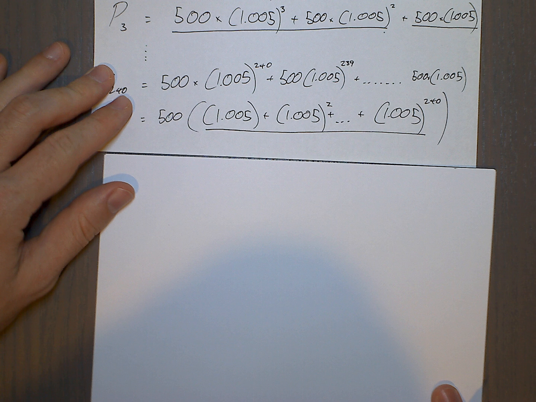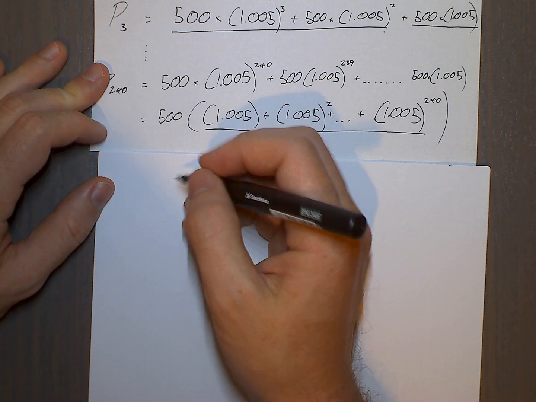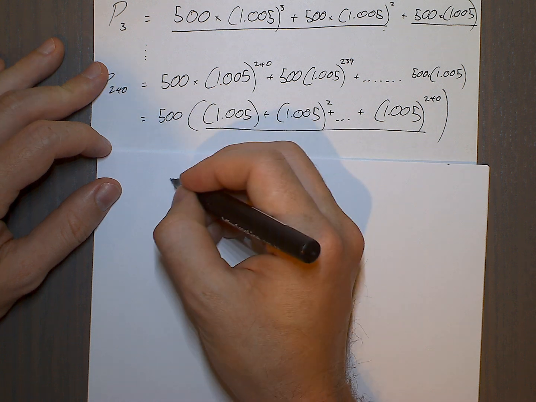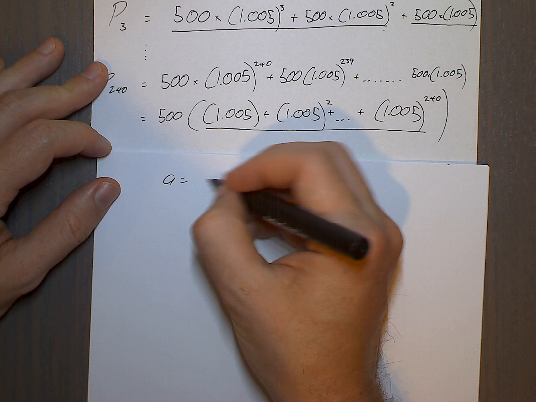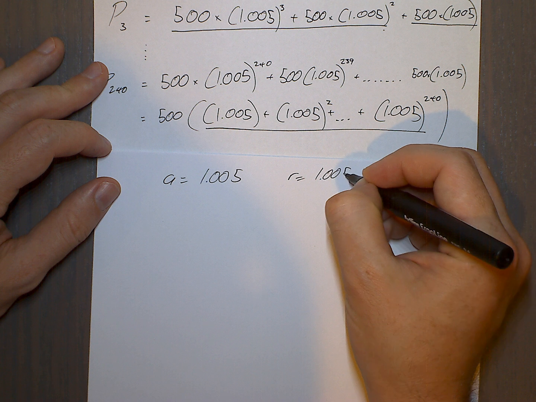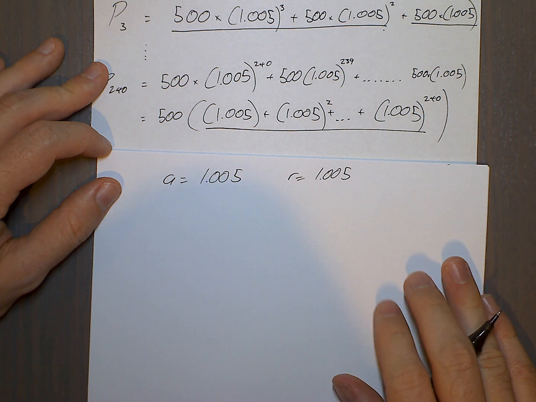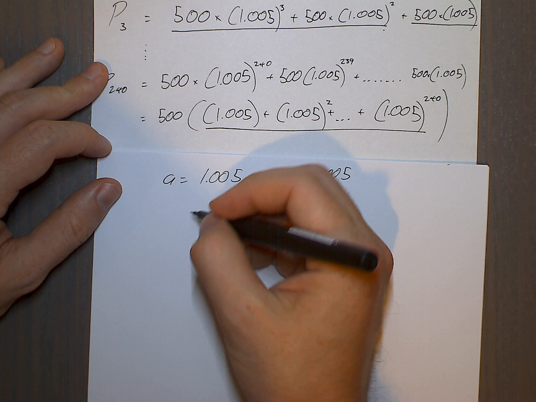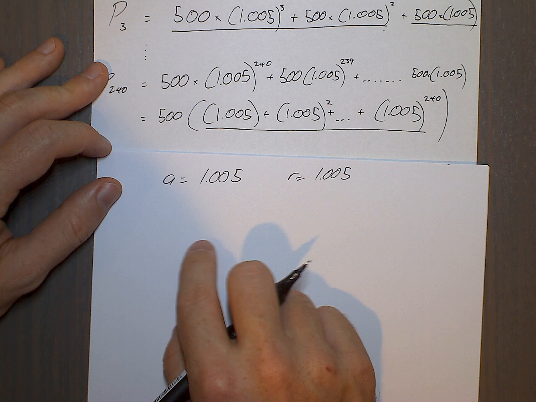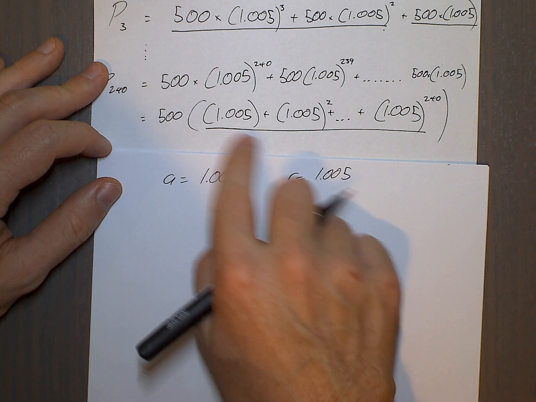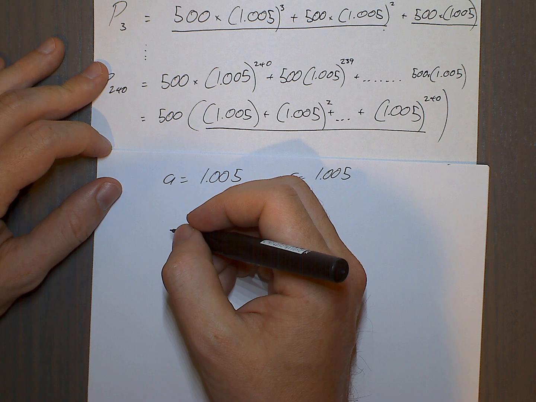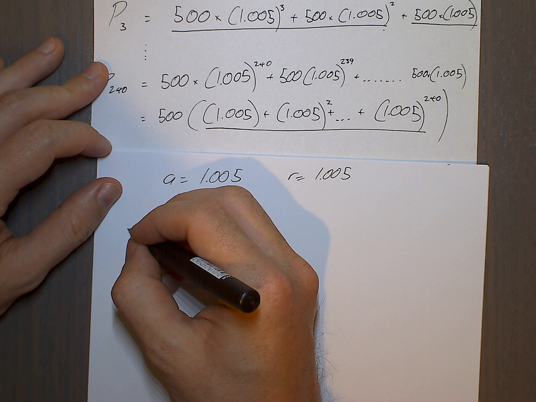So, if we're looking at this, and we're trying to do our sum, A will be our 1.005, and our R will be 1.005. And from here, we can put it into our sum formula, but our sum formula will also be times 500. So whatever is going to be accruing here, in terms of how it looks, will be multiplied by our deposited amount. So if we're going to put this in, let's stick to 240.